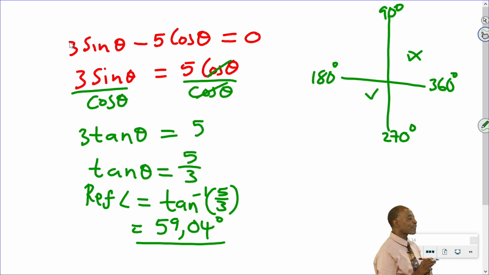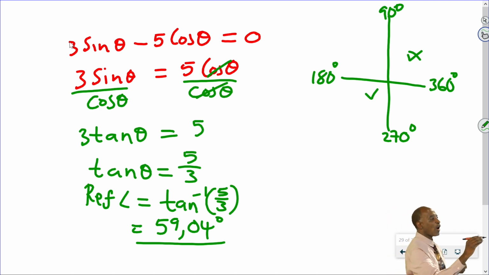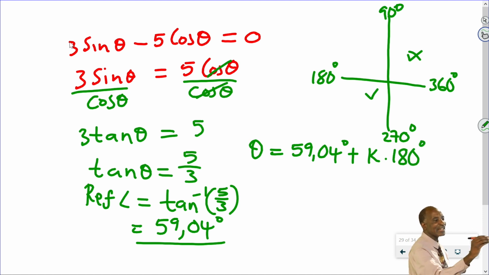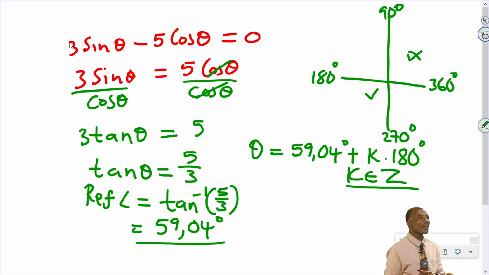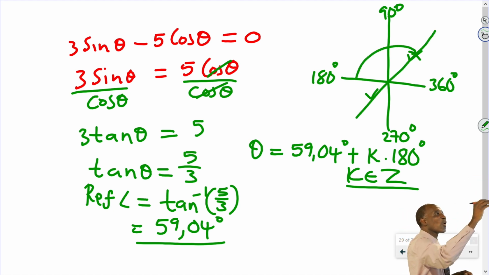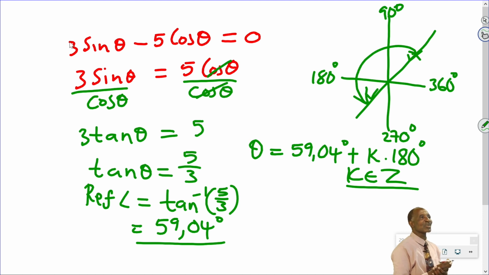So in the first quadrant, we have 59.04 degrees. What does it mean? It means our theta is going to be 59.04 degrees plus k 180 degrees, which is the period of tan, for k an element of integers. I don't have to find the other quadrant because once I move from here a half turn, it takes me to the other quadrant.